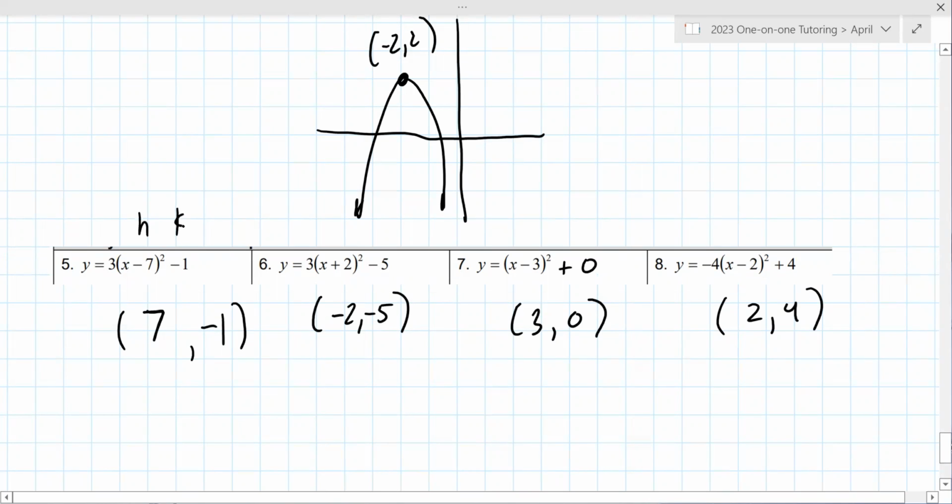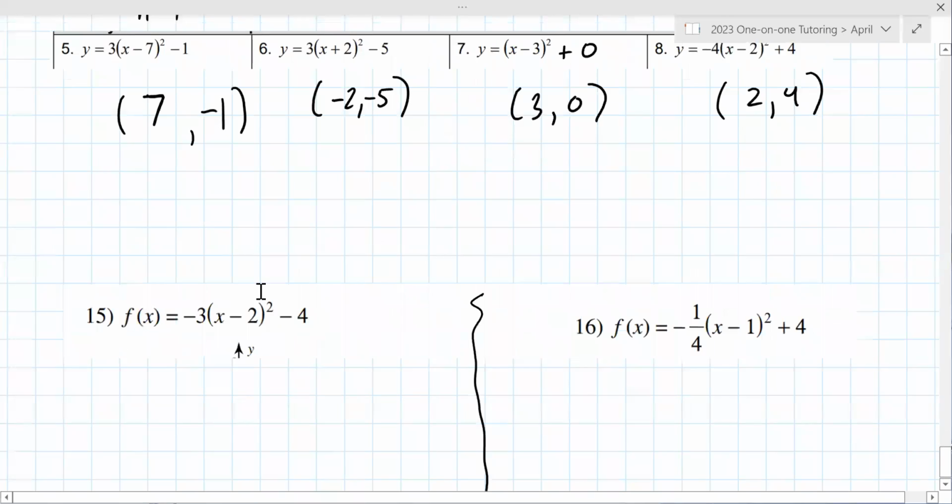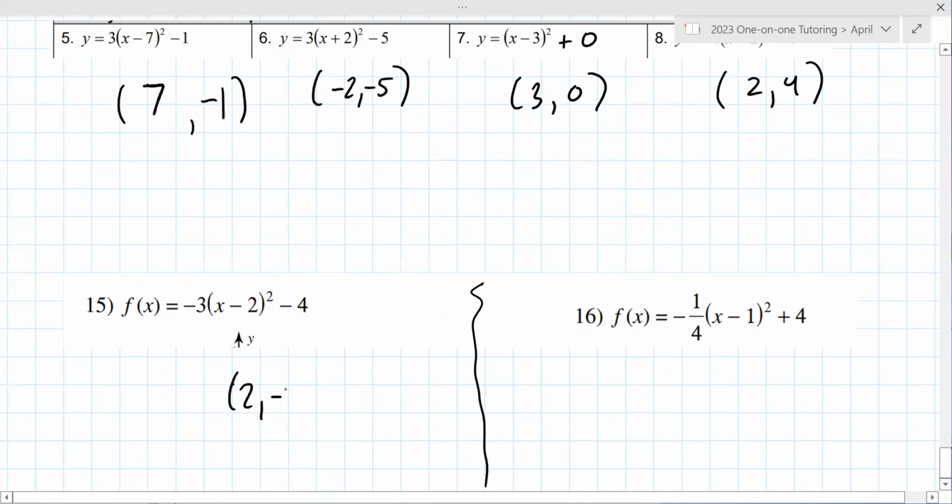H comes before K. Okay, gotcha. So 2, -4. Yes, 2, -4. What about the other one? The next one will be 1, 4. Good.